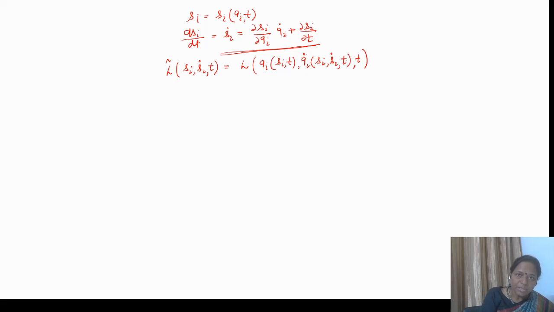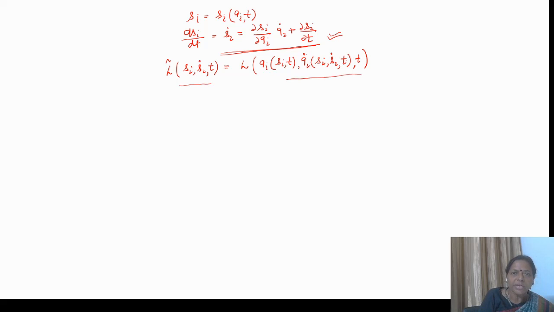It simply means that if in your old Lagrangian you replace your qi with si with the help of the transformation equations, and you replace your qi dots with the help of si dot under this rule, and time is already there, then that will be equivalent to the new Lagrangian.